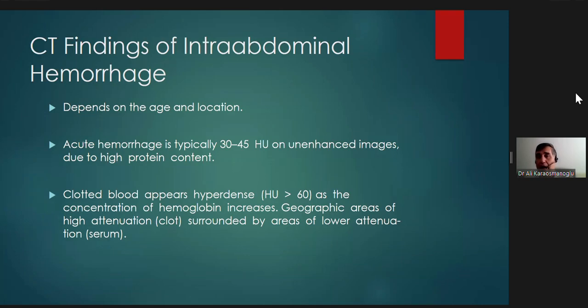So when the blood gets clotted, it appears more hyperdense. The Hounsfield units go beyond 60 as the concentration of hemoglobin increases. Geographic areas of high attenuation surrounded by areas of lower attenuation are somewhat typical for subacute bleeds.